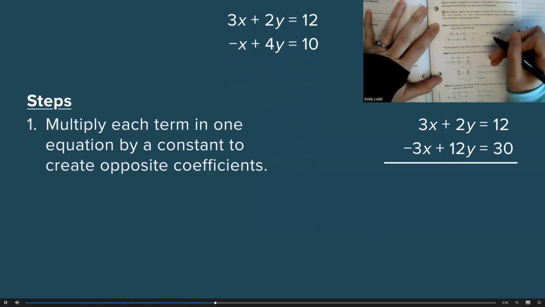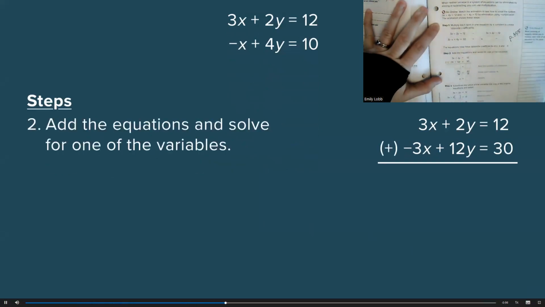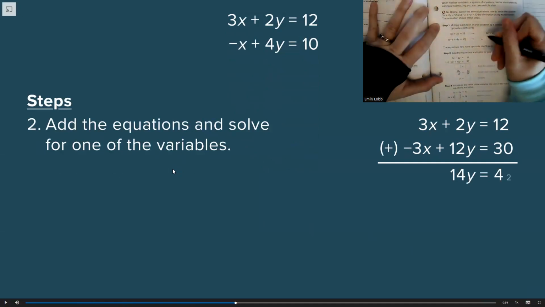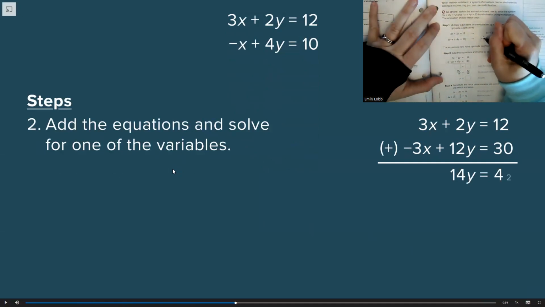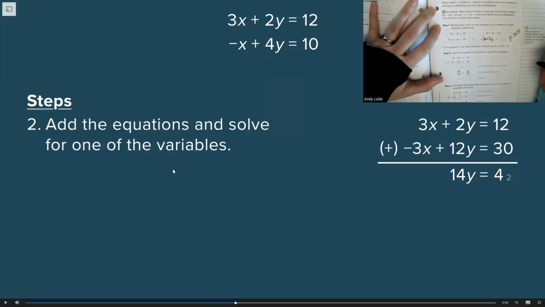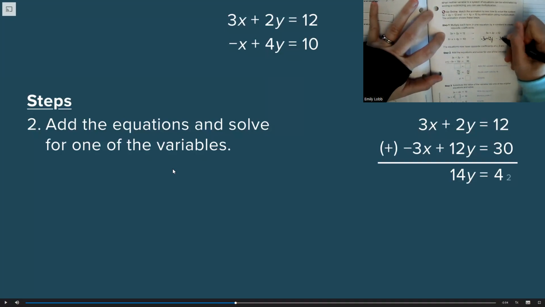So this becomes... Next, add the equations. Oh. The variable x. So this becomes negative 3x plus 12y, and it equals 30, because 3 times 10.